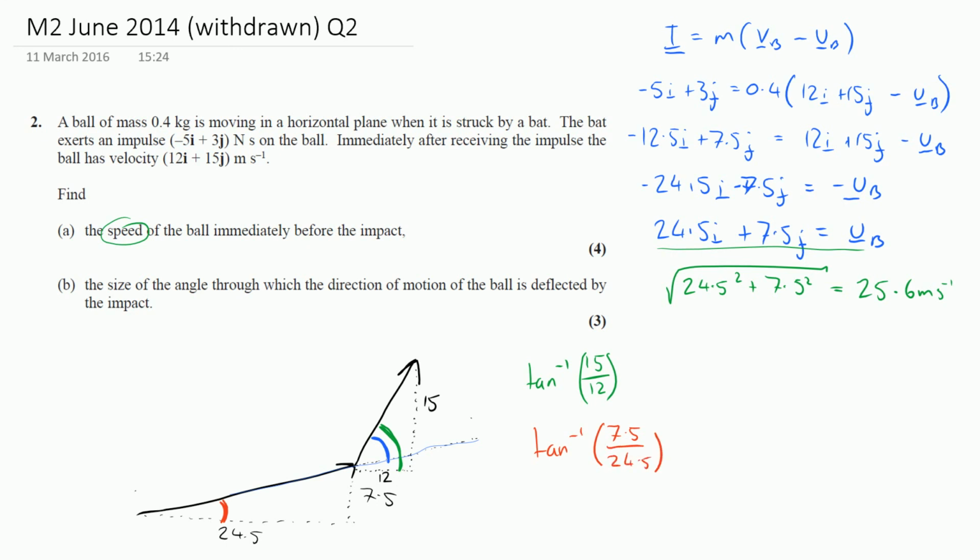How does this help me? Well, because the red angle down at the bottom is exactly the same as the angle in here. So if I subtract my red angle from my green angle, I end up with my blue angle, which is the angle of deflection.